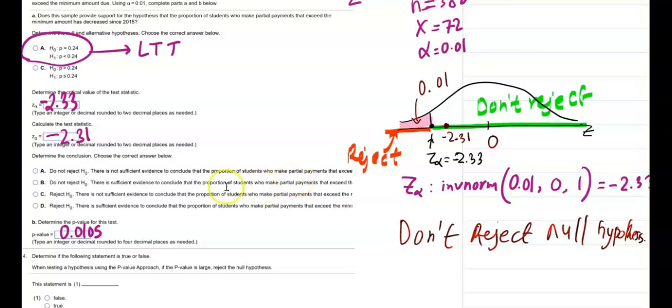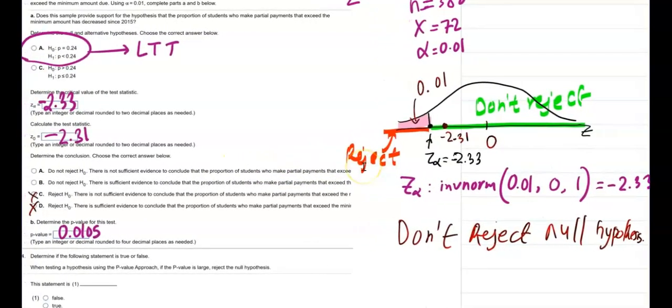So you have to choose one of the options. Do not reject, so reject is not the correct choice. Which one is correct? Do not reject the null hypothesis, and the conclusion is, if you do not reject the null hypothesis, there is not sufficient evidence to conclude the proportion of the students who make their partial payment that exceed. I think something is cut off here because when I made the PDF from MyLab, there was some sentence behind that.